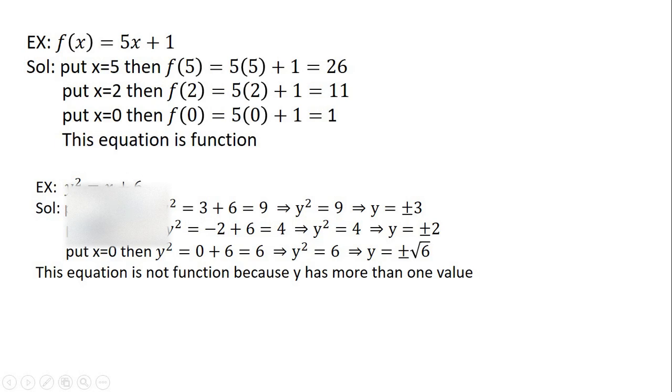This is a relation but not a function. From this we know that every function is a relation, but not every relation is a function.